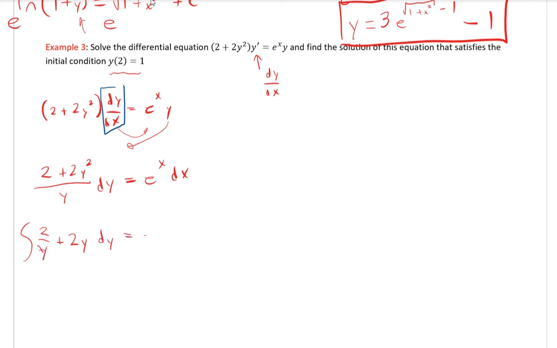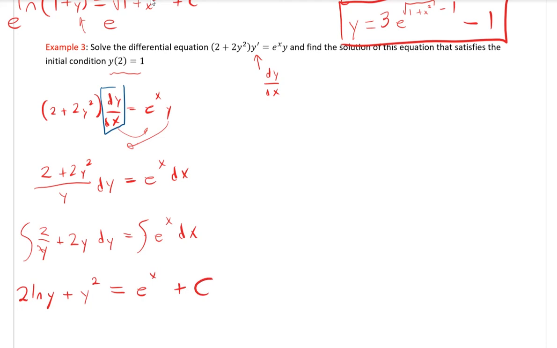And then I have the integral of e to the x dx. That's going to be a nice and easy one. But the other side, I'm going to get 2 natural log of y plus 2y will become y squared equals e to the x plus c.